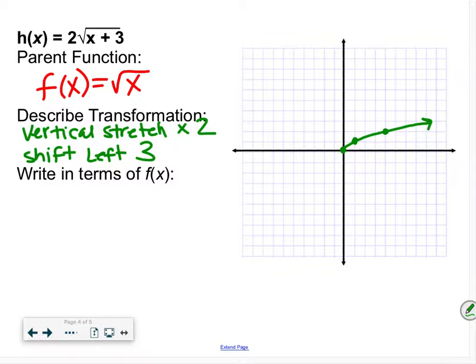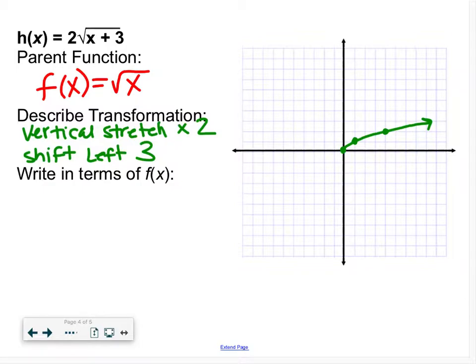Vertical stretch of 2, because that 2 is on the outside, and then shift left 3. Okay, my suggestion to you, save the shifts for last, okay? Do all of your stretches and reflections and then shift it. Otherwise, things get a little wonky, okay?